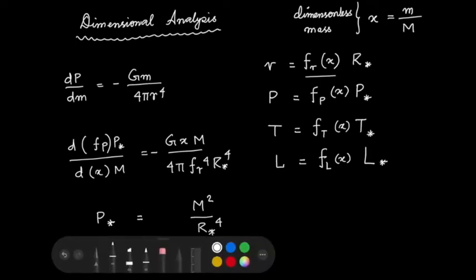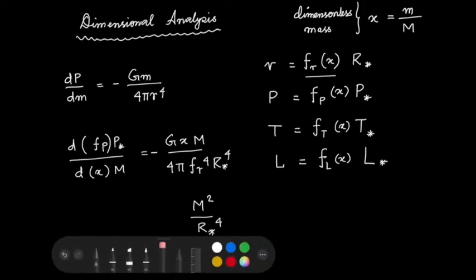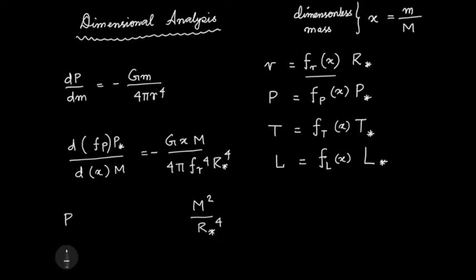What do I have in between these two? So let us make a little bit of gap here. So this is P star equals minus Gx by 4 pi F r to the power 4, times 1 by dF_p/dx.